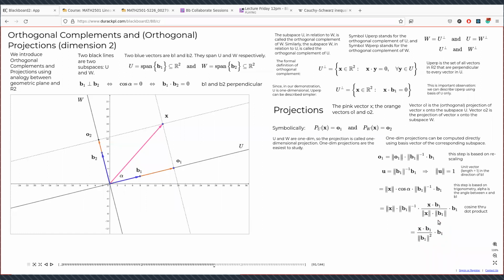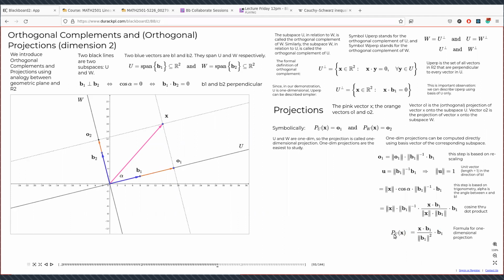It's a very powerful formula, and you need to remember it. I think you saw this formula already, and probably the derivation of that formula in your first year algebra as well. So, formula for one-dimensional projection in terms of the basis vector of the underlying subspace.